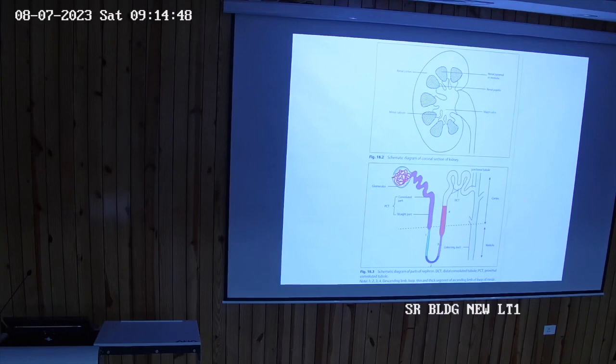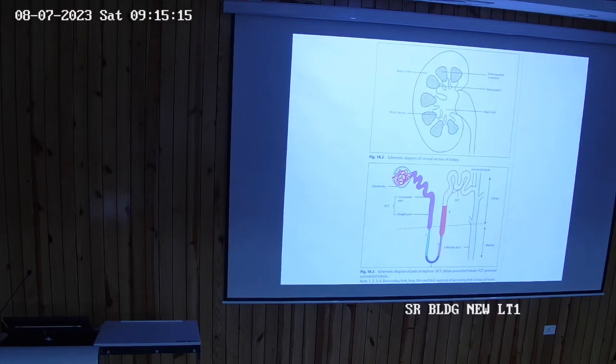When we see with the naked eye, we find that the cortex part does not show any structure. While the medullary part can easily be visualized by the naked eye, it shows the pyramids. There are about 10 to 15 pyramids in the medulla of each kidney.